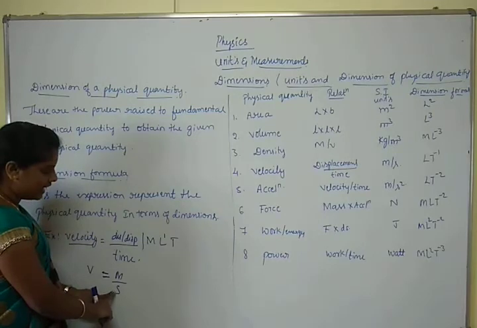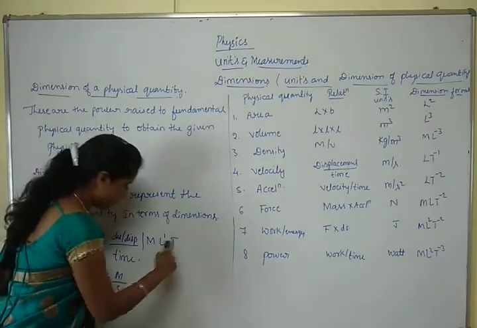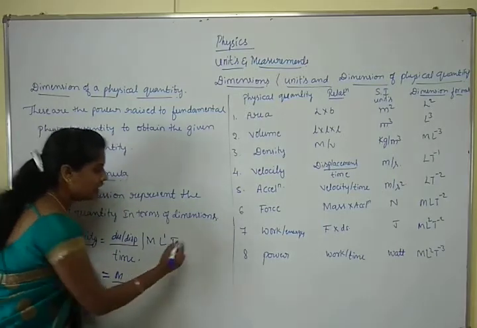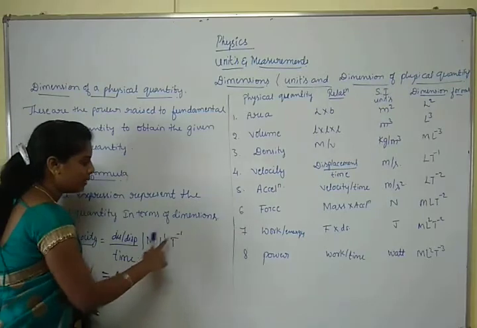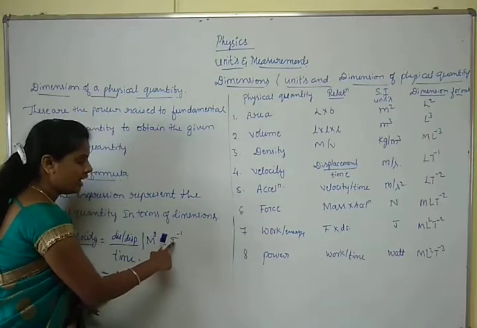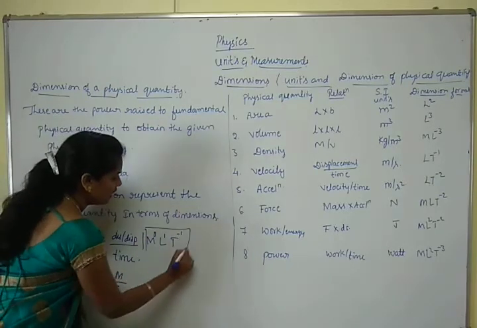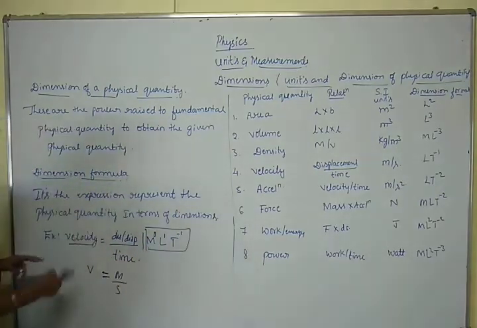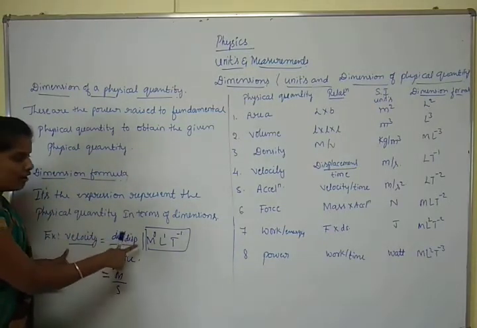Second comes under time, and since it is in the denominator, it gains a negative power. So M is 0, L is 1, and T is minus 1. This is called the dimensional formula for the physical quantity velocity.